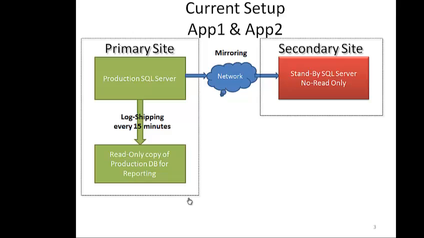It is an async mirror, and mirroring does not allow for any read connections to be made. So this is just a standby idle server sitting there, ready to fail over manually.